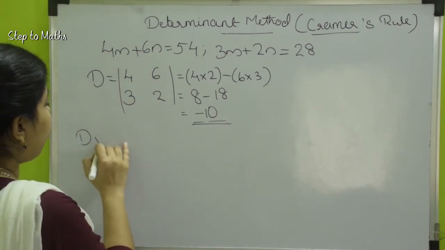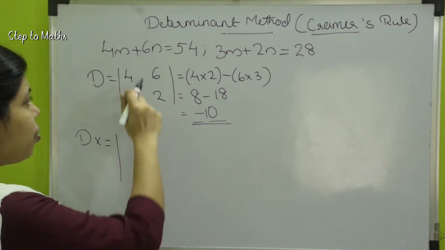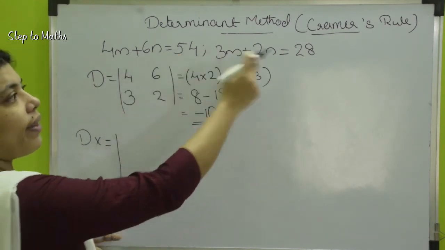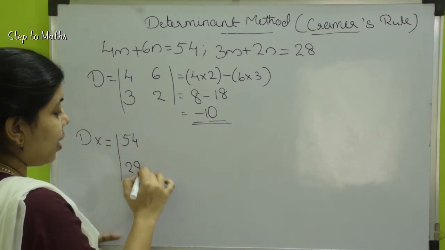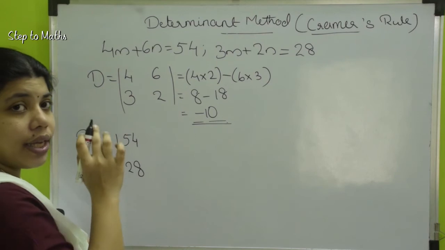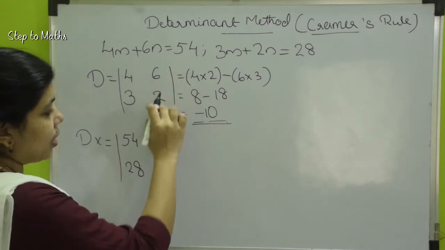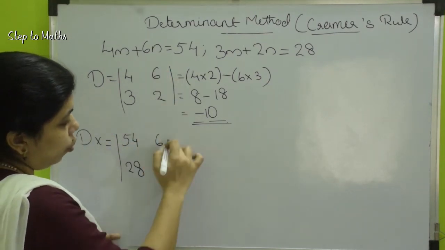Now find out the value of dx. dx is equal to, the first column is replaced by the constants 54 and 28. The second column is same as on d, that is 6 and 2.